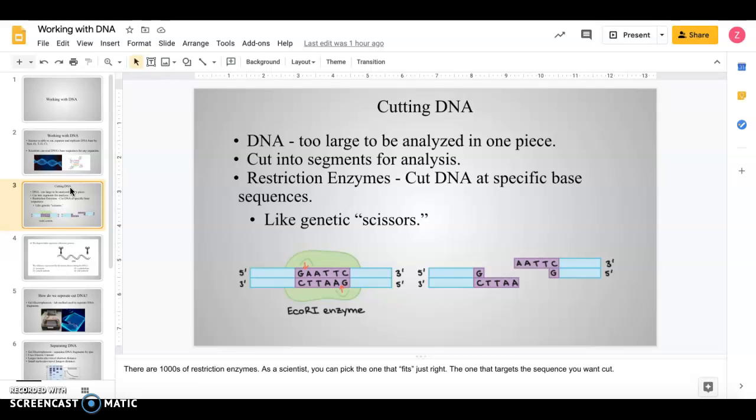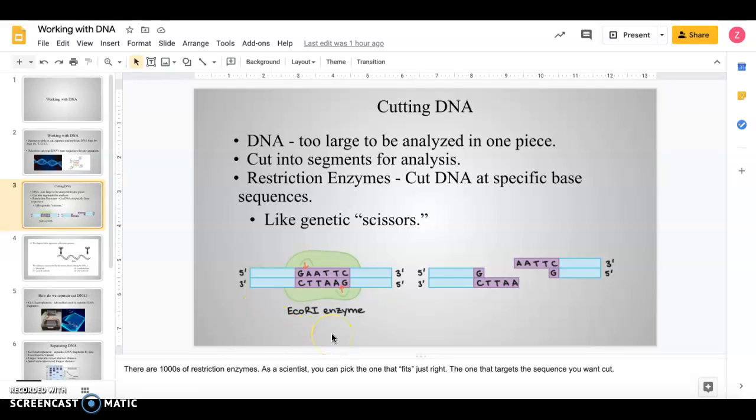And let's talk about cutting DNA. DNA, we know, is just way too large to be analyzed in one piece. So we need to cut it up into segments to analyze it. And how do we do this? We do this by restriction enzymes. Restriction enzymes are enzymes that simply cut DNA at specific base sequences.